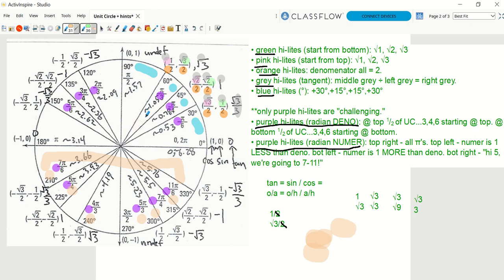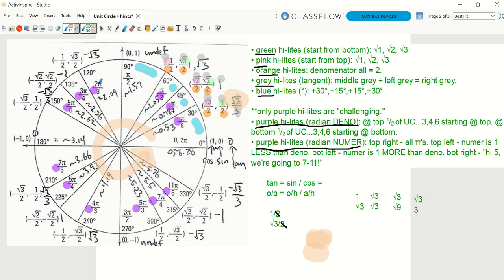And then numerators, top right is always going to be pi. Top left, because top left comes before bottom left when you're going counterclockwise in a unit circle, the values are less than bottom left, because it comes earlier in this counterclockwise journey.